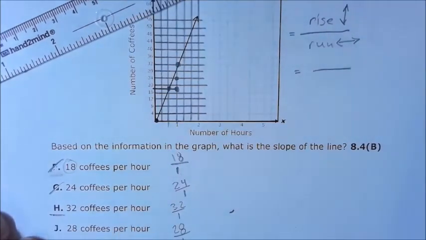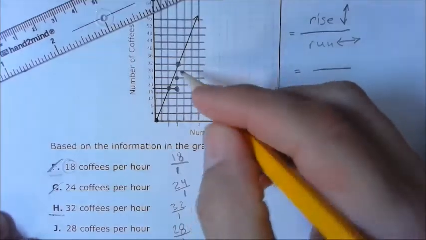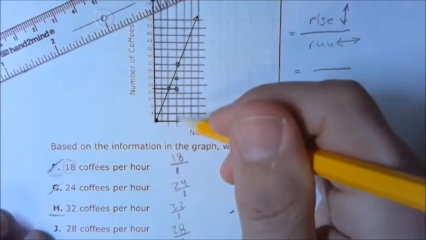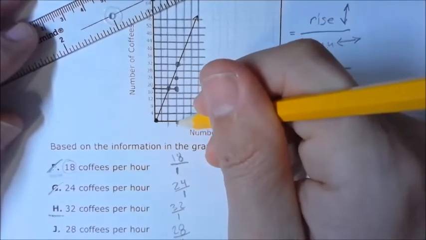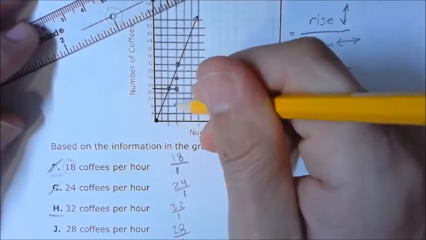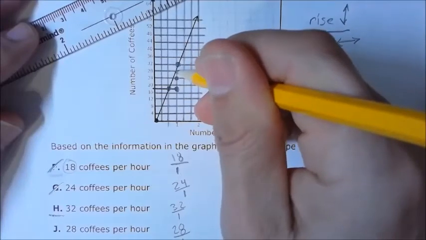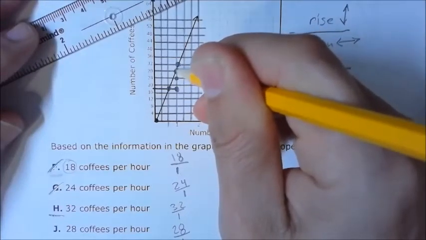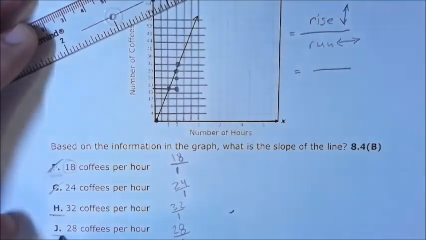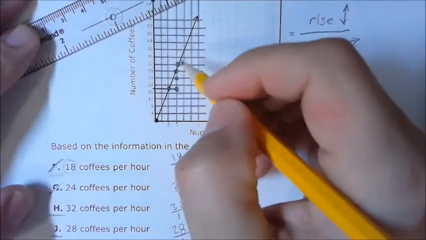I still want to look at my 28, but I think it's definitely a possibility. Let's take a look over here at 28. And if we start from 1 and we go up to 28, that looks like a possibility as well. So it's definitely going to either be 32 or 28.